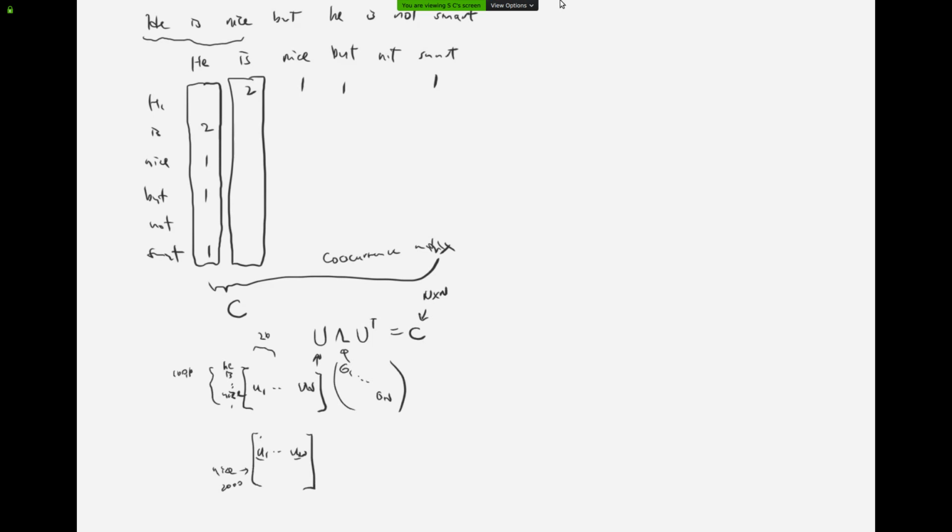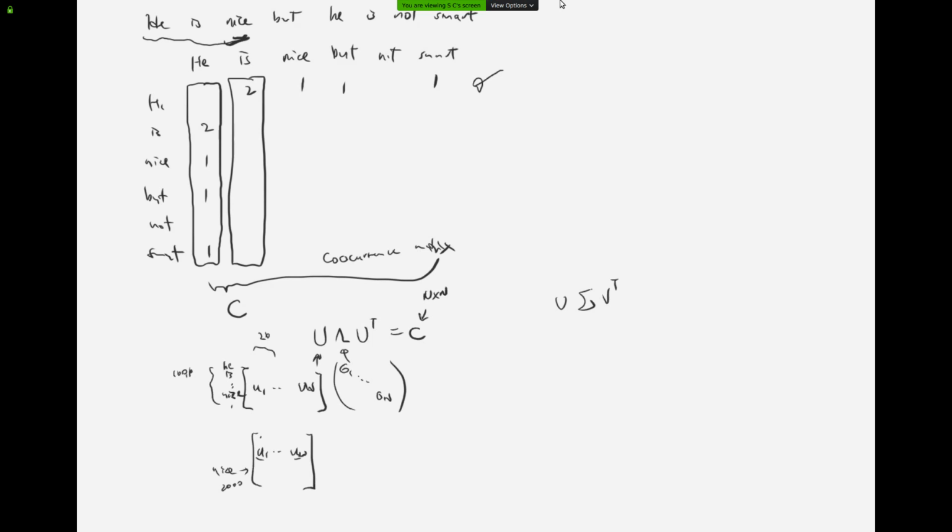I can also have a window that is not symmetric. For example, if I only care about the word following the center word, then my co-occurrence matrix won't be symmetric. In this case I cannot use eigenvalue decomposition, but I can use singular value decomposition, decomposing into U sigma V transpose.